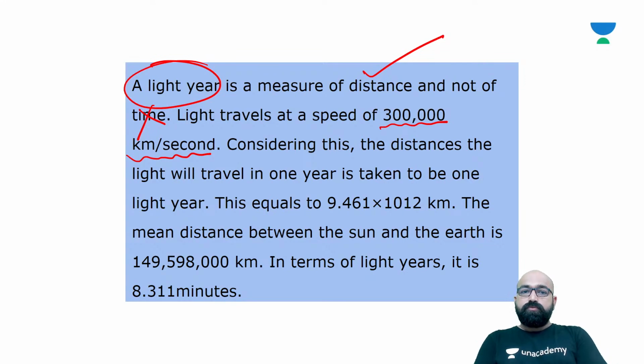This equals 9.461 into 10^12 kilometer, and the mean distance between the sun and the earth is 149,598 thousand kilometers, like 14 crore 95 lakh 98,000 kilometers. In terms of light, it is 8.311 minutes.